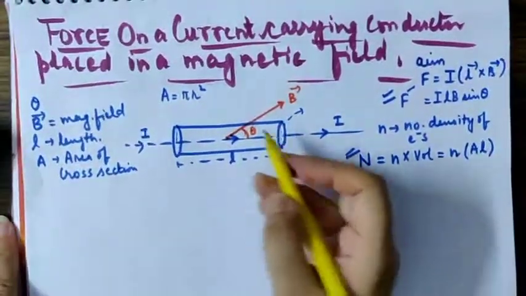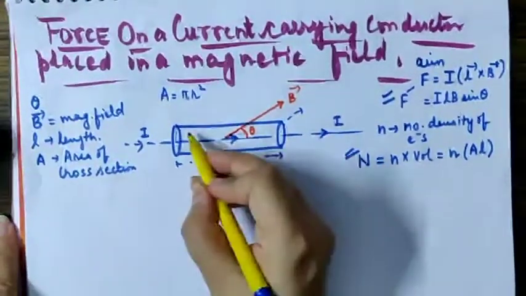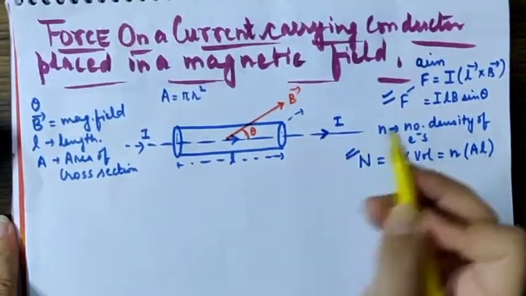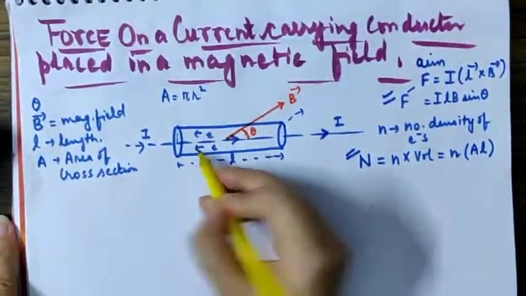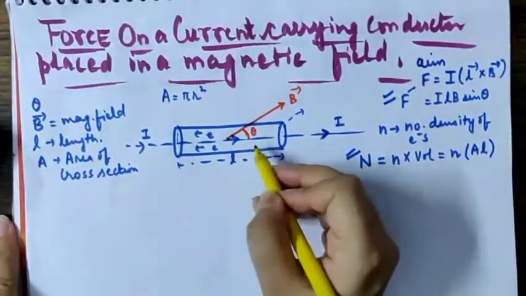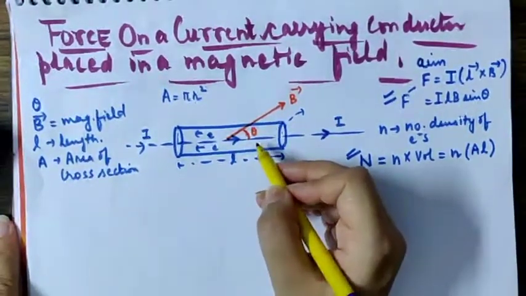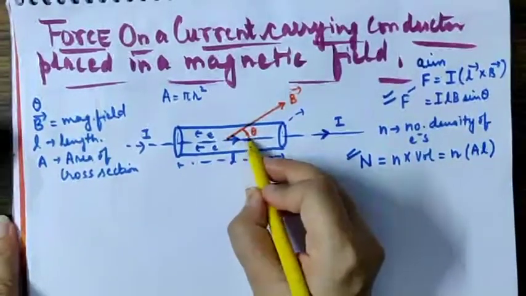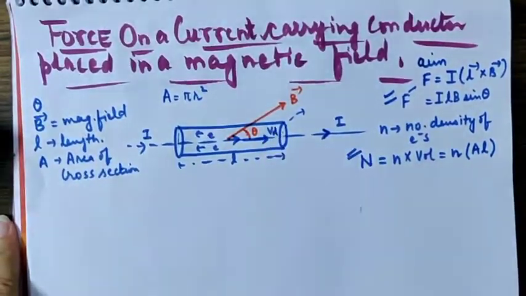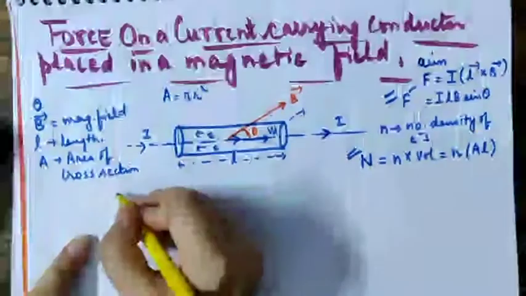So coming to the first point, what are the velocities of electrons? If current is flowing in this direction, then electrons might be flowing in the opposite direction. And the velocity with which the electrons are flowing is termed as the drift velocity. The direction of drift velocity will be drawn here, Vd, drift velocity. Then what should be the force?